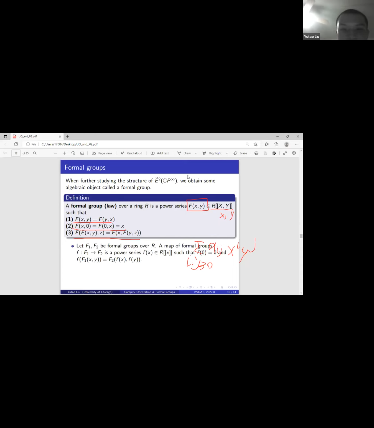And if you have two different formal groups over the same ring, you can define maps between them, which is expressed by a power series with one variable, which commutes with the two formal groups F1 and F2. In other words, if you begin with the formal group F1 and then you apply F, you will obtain the formal group F2.